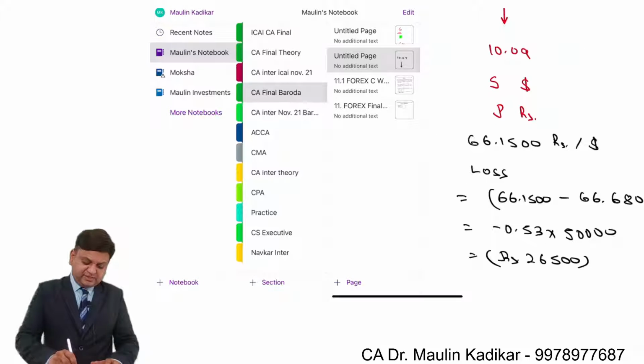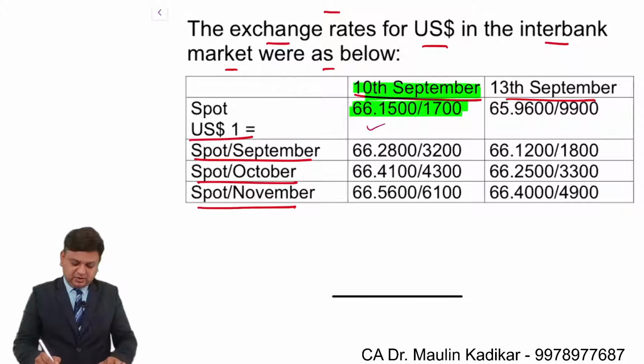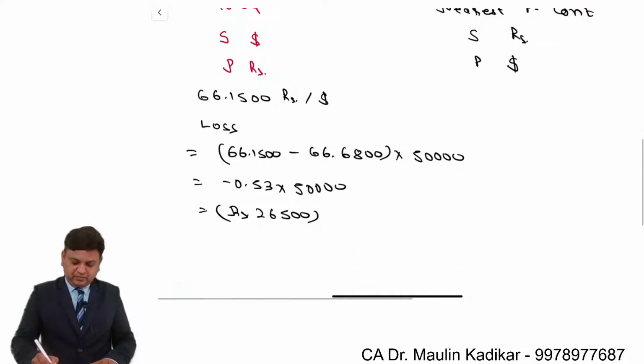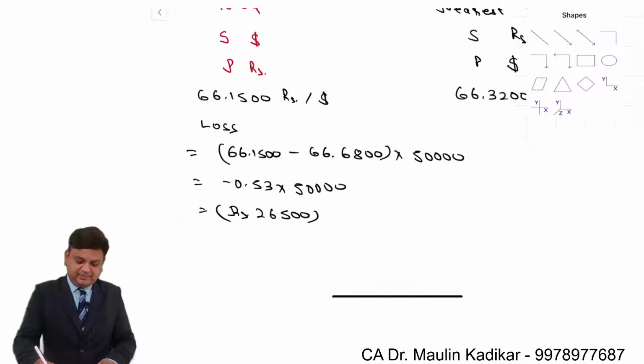What is the rate applicable on 10th of September for sell of rupees and purchase of dollar? 66.32 rupees per dollar is the applicable exchange rate.